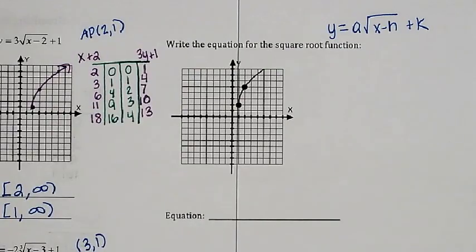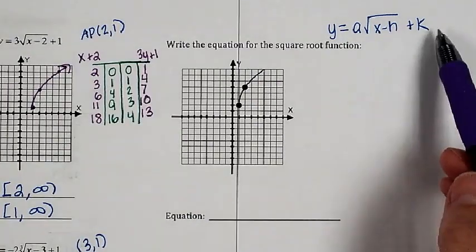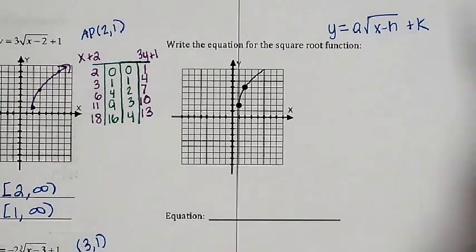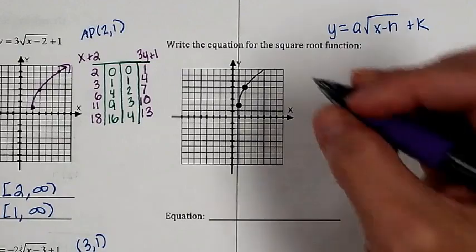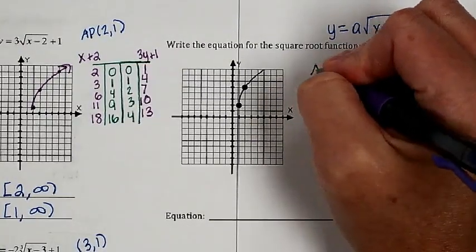First thing, we always had to solve for a. So I need my anchor point, which is your h, k, and we need another point to plug in for x and y. So your anchor point here is right here, at 1, 2.